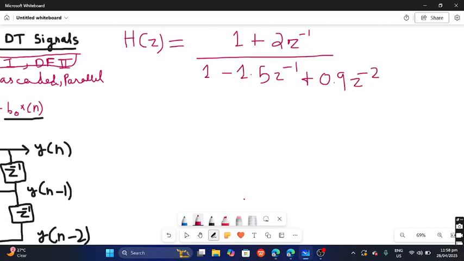Now I will use the technique of DF1, which is a straight technique.